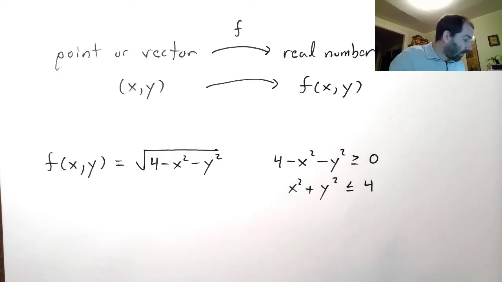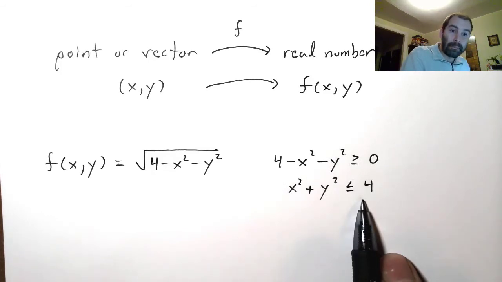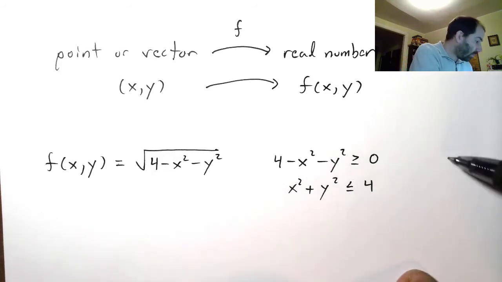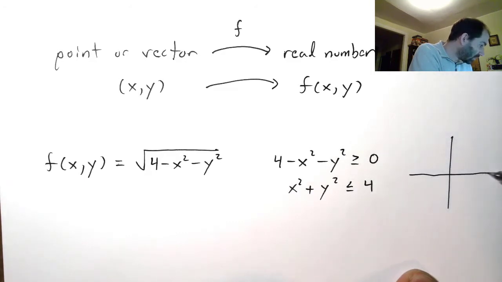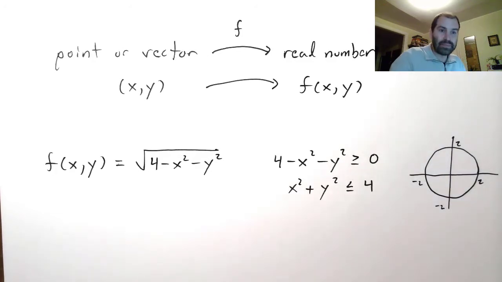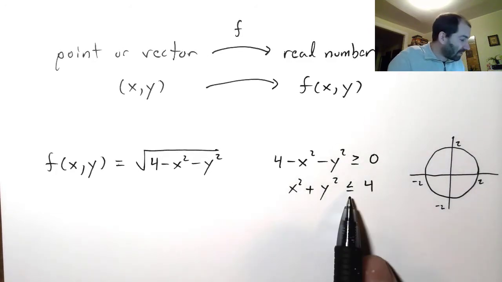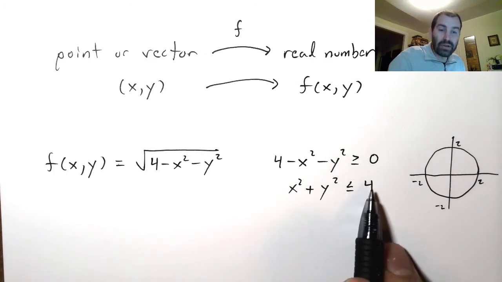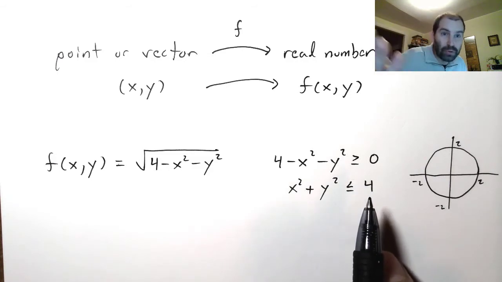Now, what if this were an equals 4 instead of a less than or equal to 4? Well, then what we would have is the equation of a circle of radius 2. But because it's less than or equal to 4, I also should consider those values that are less than 4, like 3.9, 3.8, 2, 1.